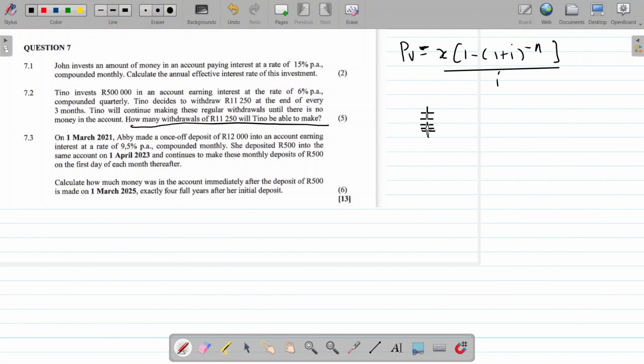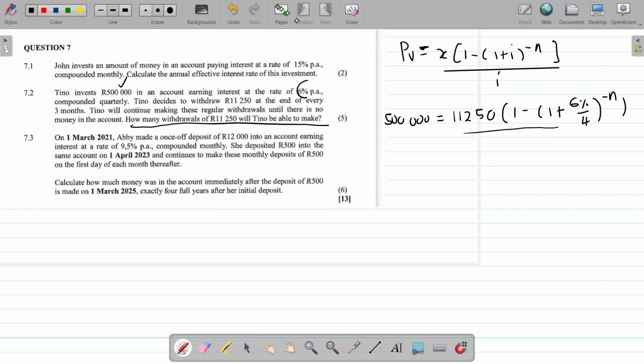So now we're going to substitute. We have our PV, which is our 500,000. So this is where he's taking this money from. And then we have 11,250, the amount of the withdrawals. And then we're going to have 1 minus (1 plus our interest rate, 6% per annum compounded quarterly, so 6% divided by 4), raised to the power of minus n, because we're looking for n.